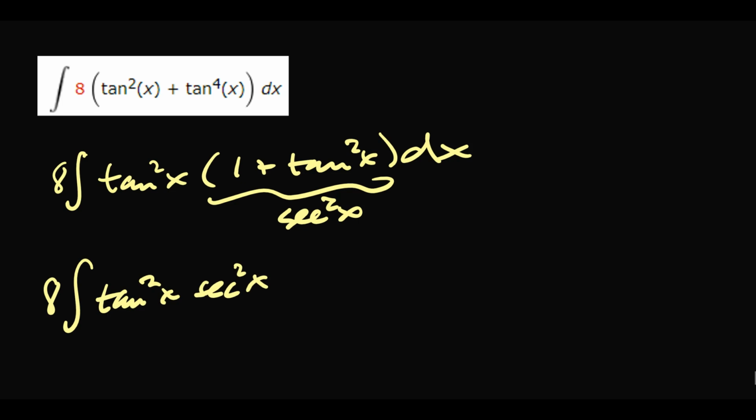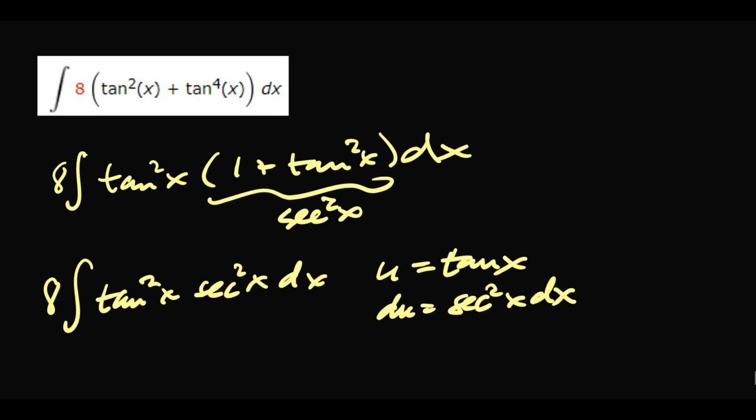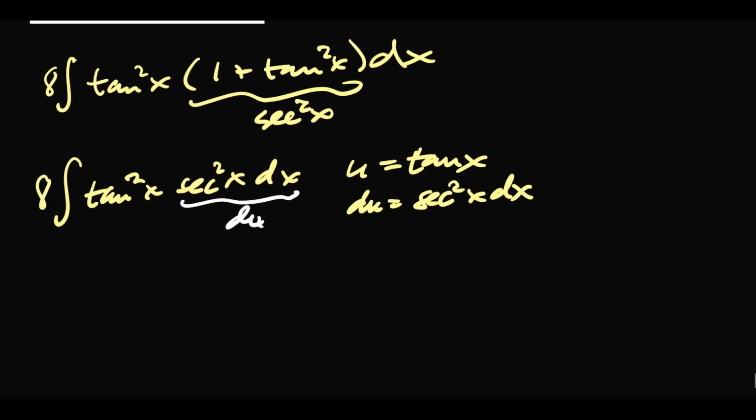And then if you let u be just tangent of x, du is secant squared of x dx. So then all of this here is just du, and we have u squared du as our new integrand, using u instead.